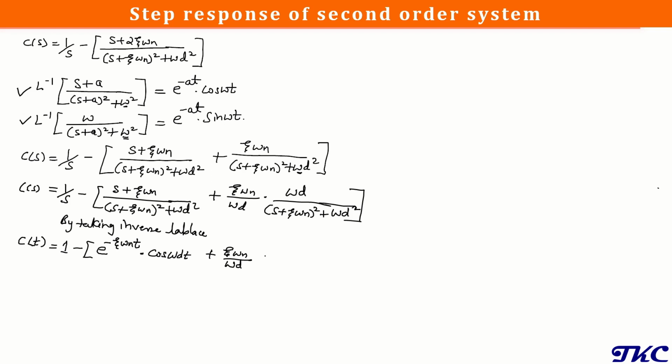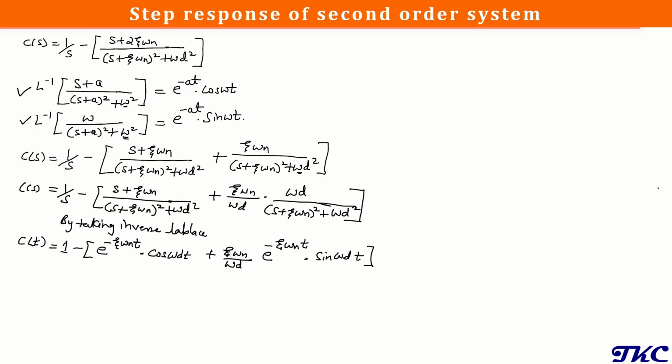So let's write that one. It will be e raised to minus zeta omega n into t into sine of omega d into t. So this is the output response of the second order system when we are using step input.